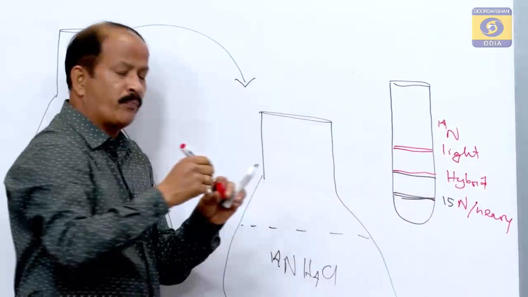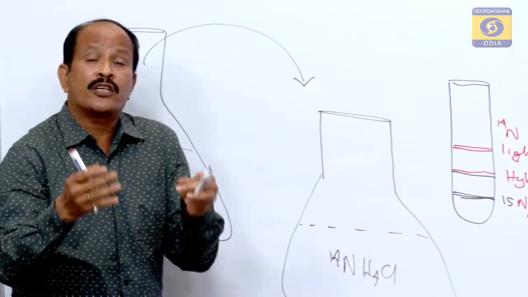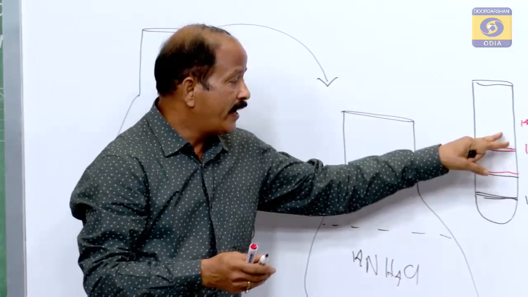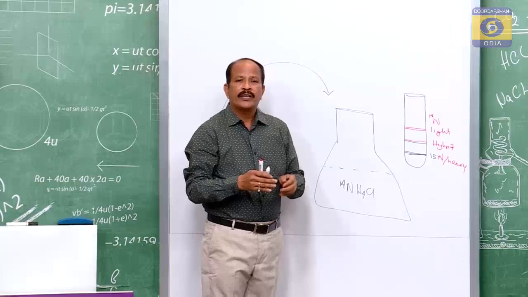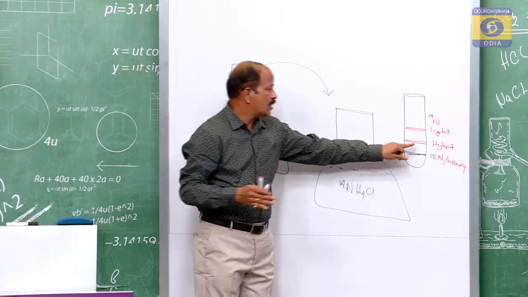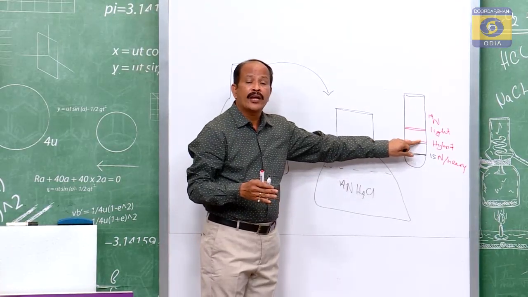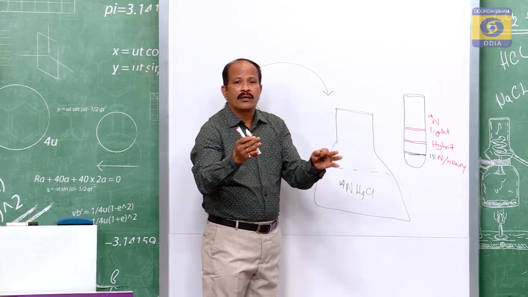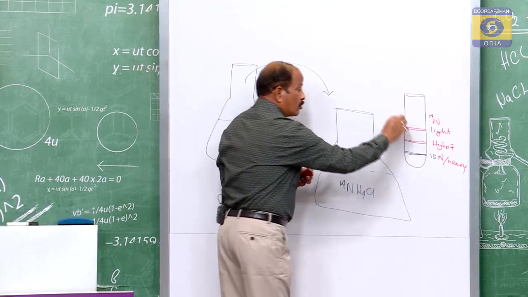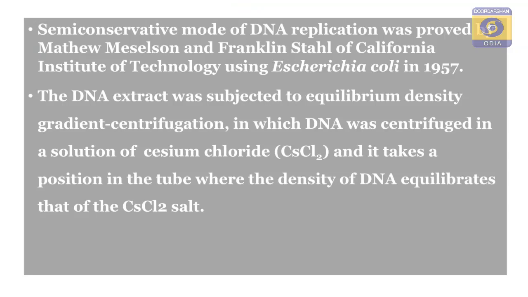On this basis, they could differentiate between heavy, light and intermediate hybrid DNA, which has both N15 and N14 in its DNA. The DNAs were subjected to equilibrium density gradient centrifugation developed by them.